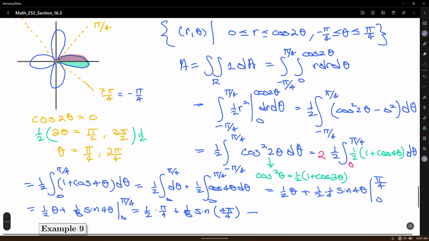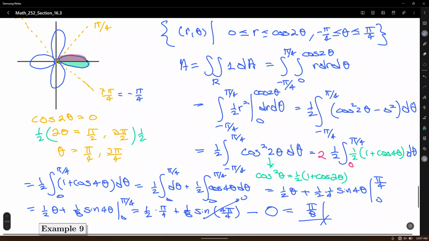You guys agree it's going to be all zeros when we evaluate here, and sine of 4 times 0 is also 0. So big 0. So the only term that survives is the first one, since sine of pi right here is also 0, right? So final answer, pi over 8.